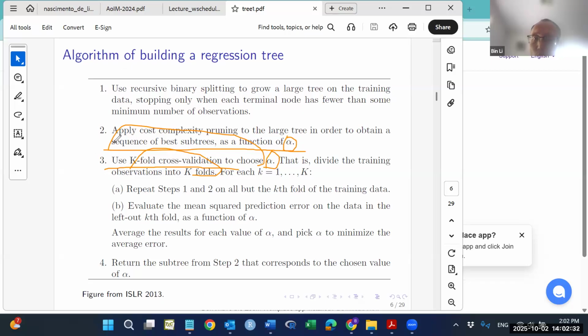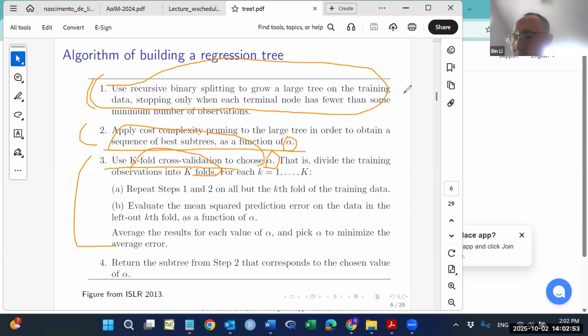Okay, so basically building a tree contains 3 steps: growing a tree, pruning a tree, and then finding the best tree. Growing a tree means we do the splittings until we have a very, very complicated tree. But this tree may be overfitting. It's too complicated.